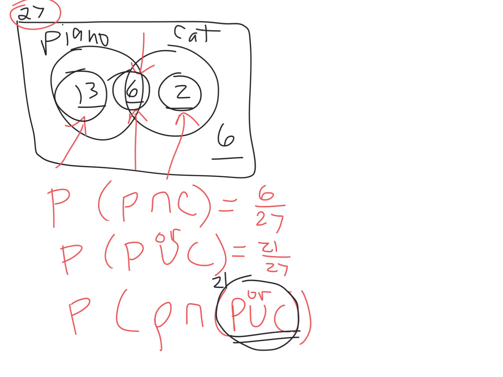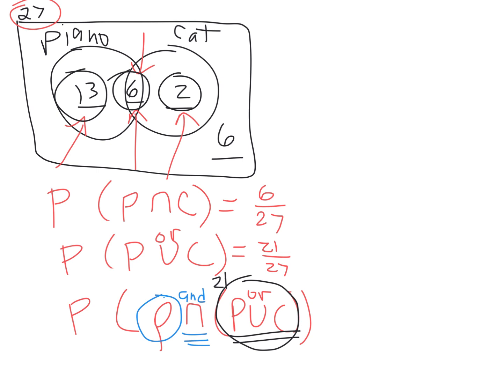Now you're going to do the piano, so you're going to do, that's an and. Which is that going to make my answer smaller or bigger? Smaller. So you're going to do 13. That's piano. So now with the piano, wait a minute, isn't piano 13 and the 6?